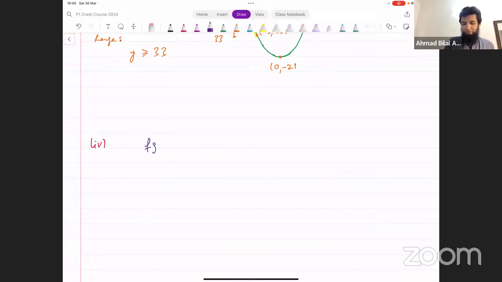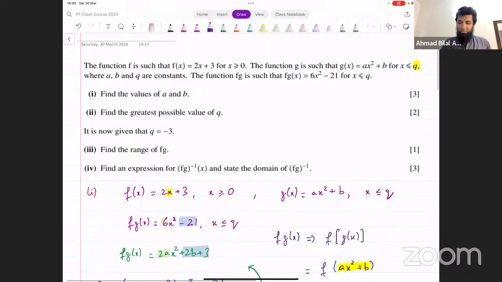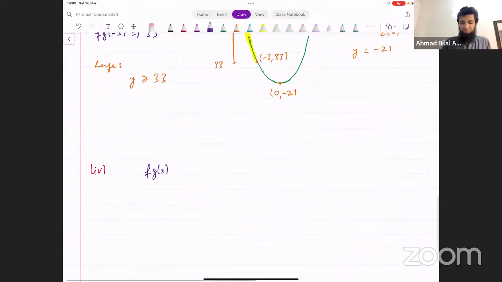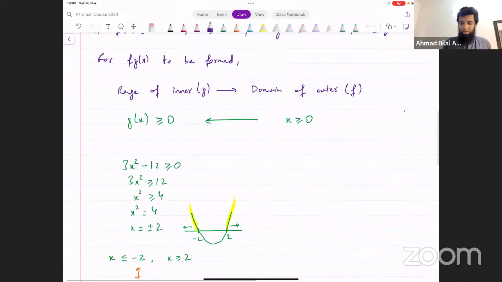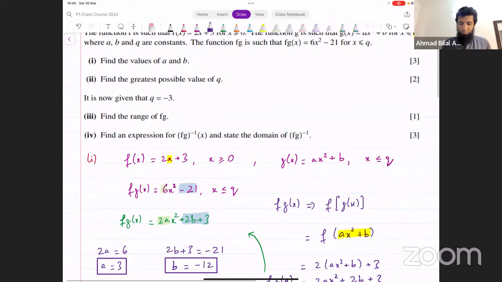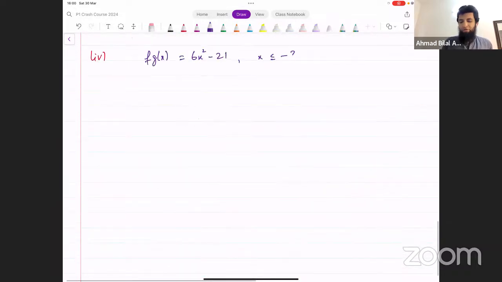So fg of x is 6x² - 21, and the domain is less than or equal to -3. That's the domain of this function. We need to find the inverse of this.